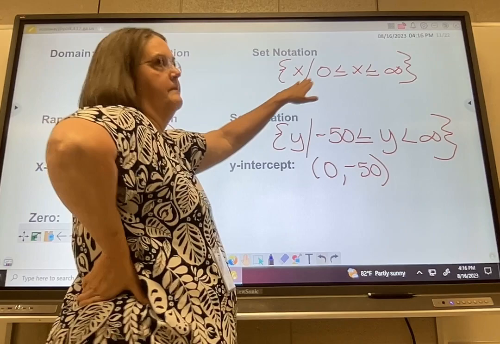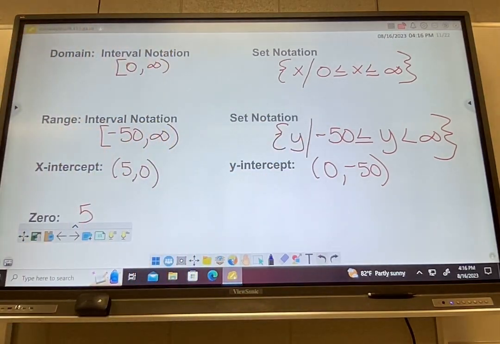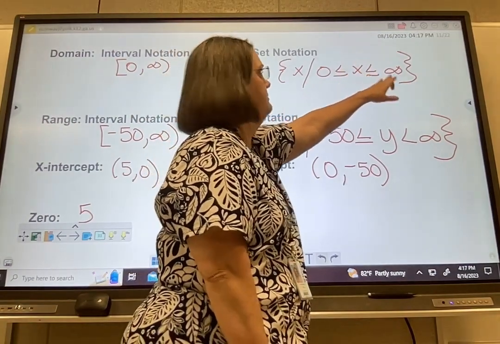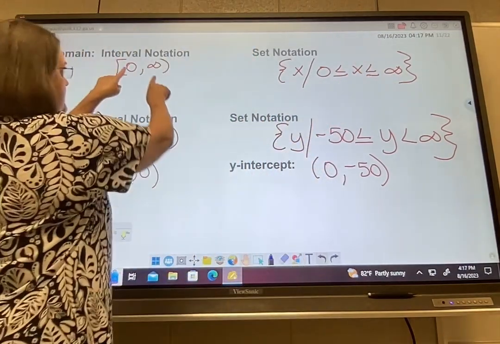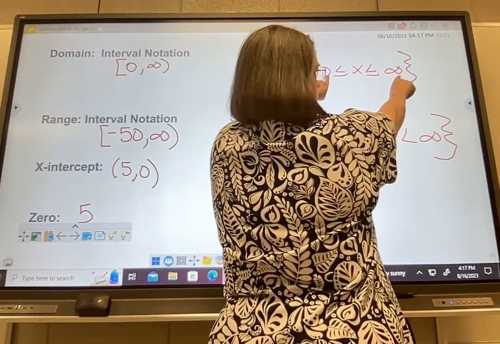Set notation says x such that 0 is less than or equal to x is less than or equal to infinity. I literally just take these and put them here with the x in the middle.